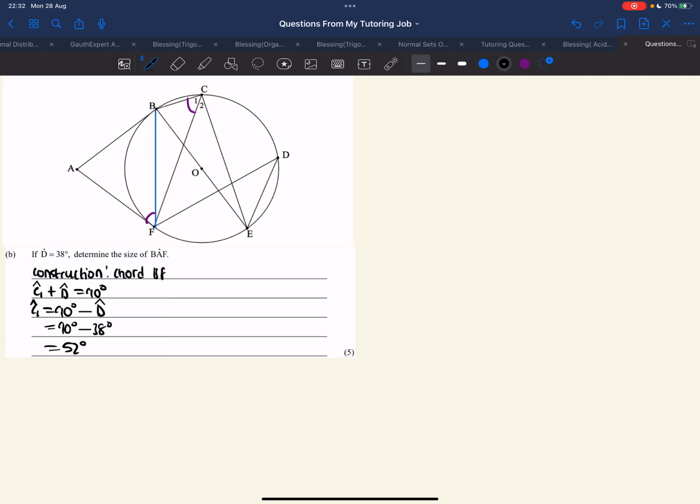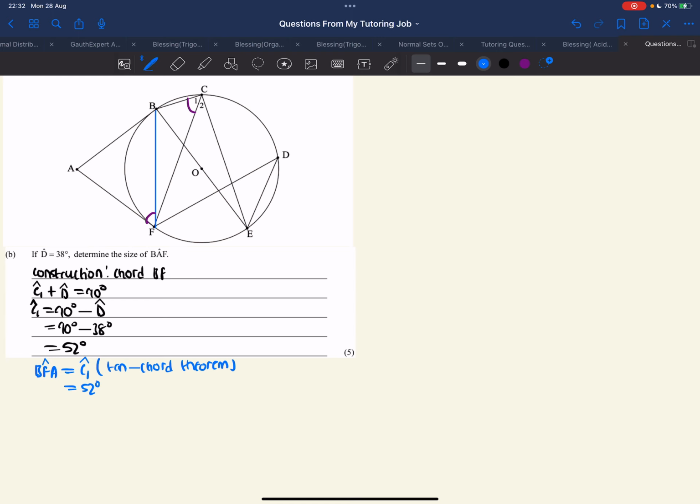So I'm going to say that angle BFA equals angle C1, and the reason is the tan chord theorem. That means that BFA will be 52 degrees.